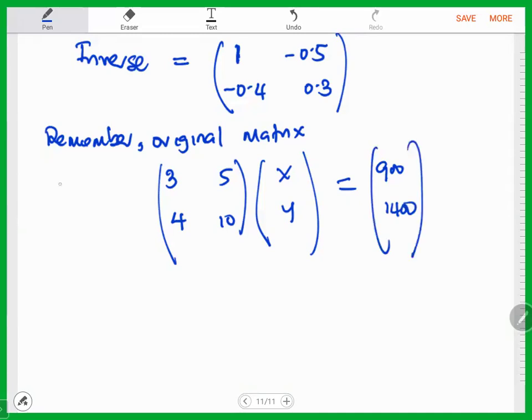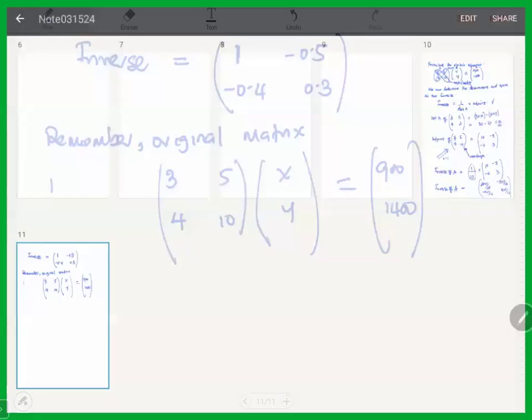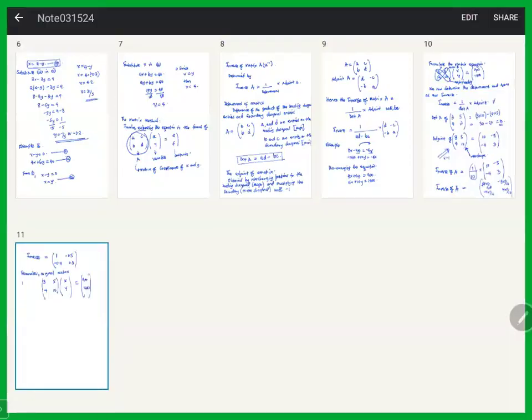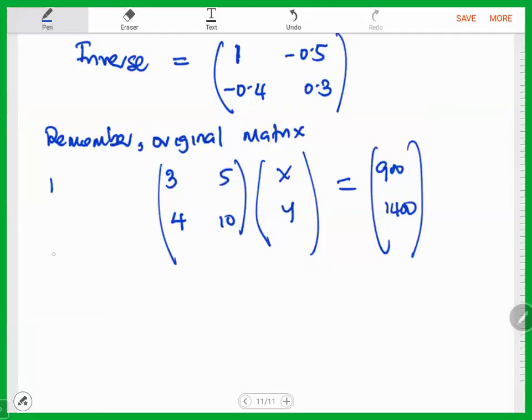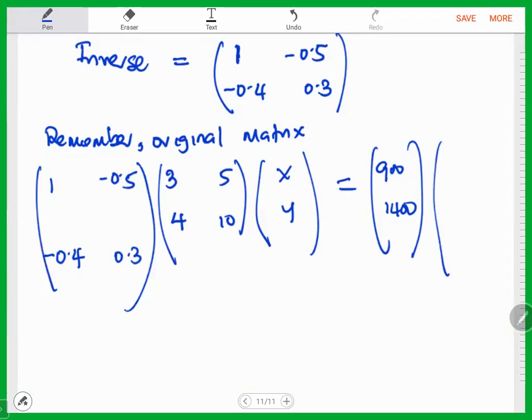So I will have 1, the inverse, negative 0.4, negative 0.5, and 0.3. This side, and then this side is the same thing: 1, negative 0.5, negative 0.4, 0.3.